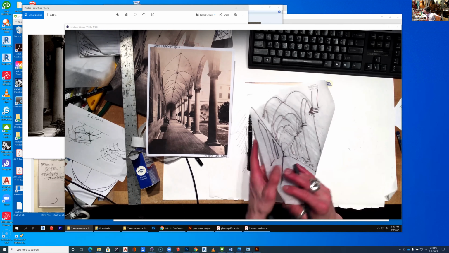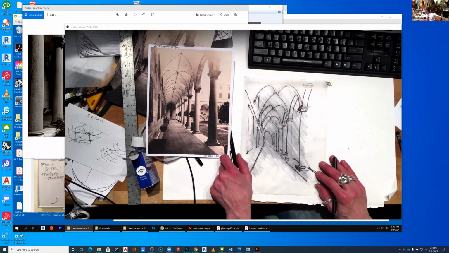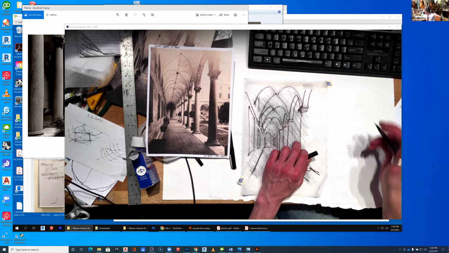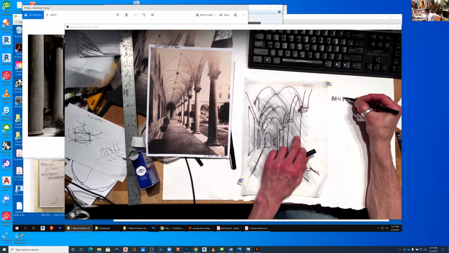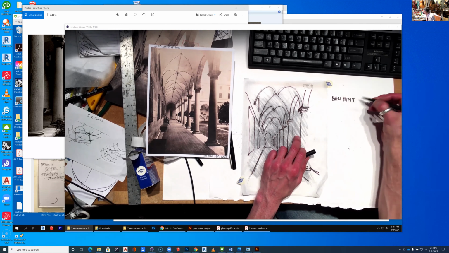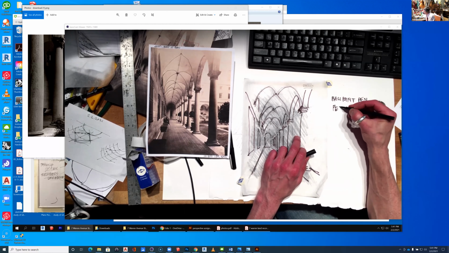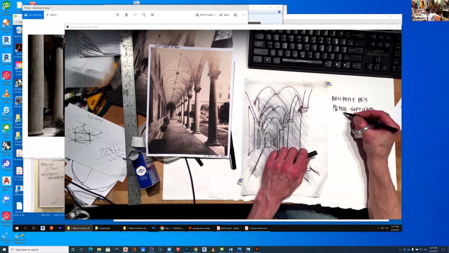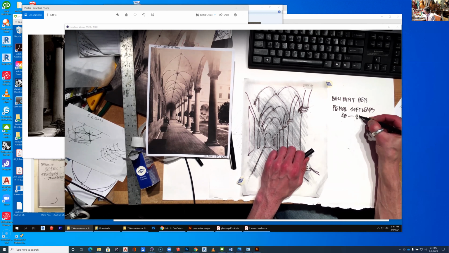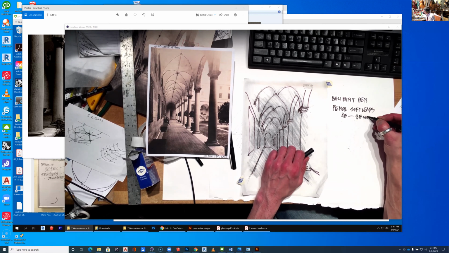So what will you need to do this? I'm going to say ballpoint pen, pencil, drawing pencil with soft leads (4B to 8B), 8B being the softest.